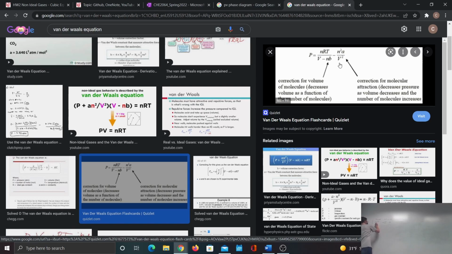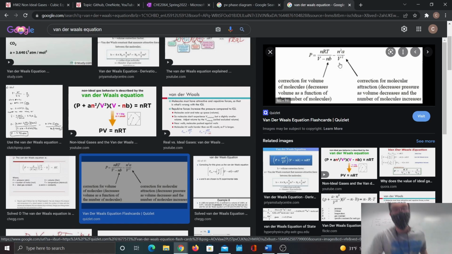It's called Z. So Z, the critical compressibility, equals pressure times specific volume divided by R times the temperature.